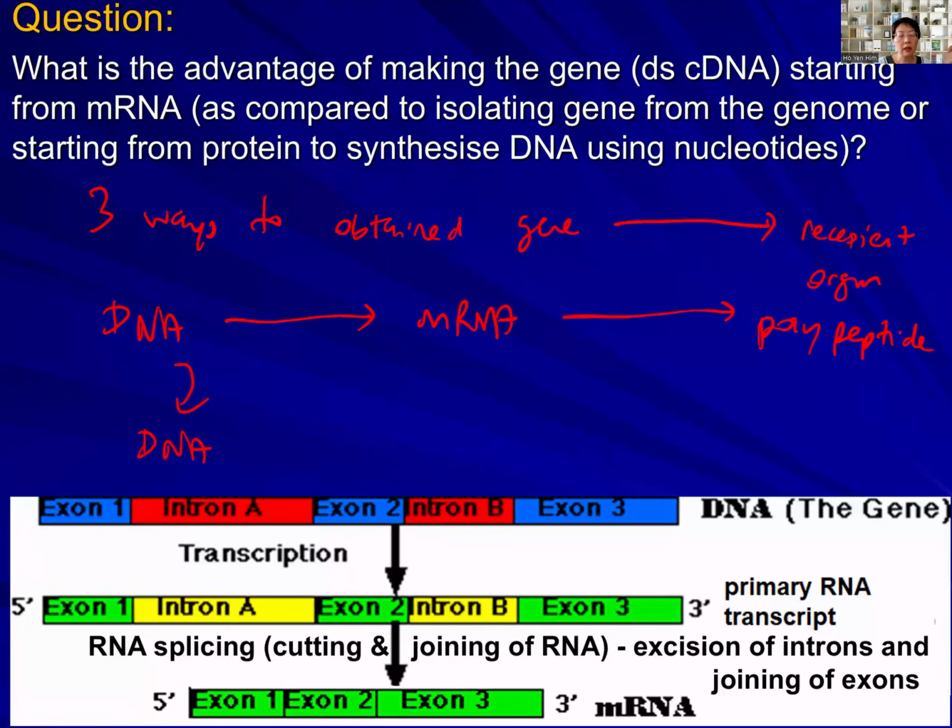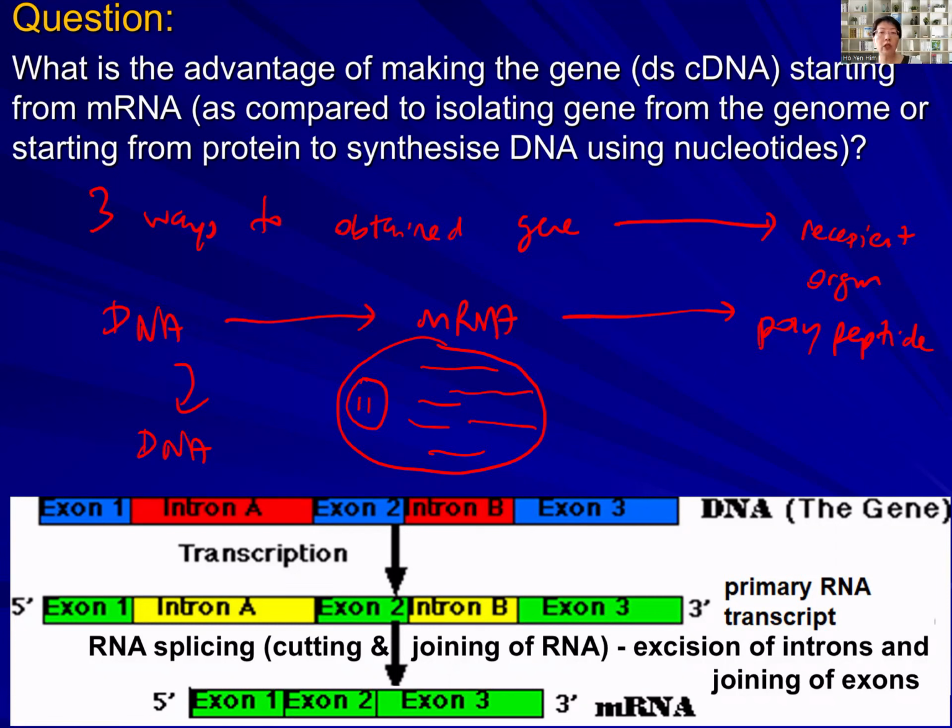Second way is, I don't want to get the gene from the nucleus of the cell. Since this cell is going to express the insulin gene, it's going to produce many copies of the mRNA. Inside the cell, there will be many copies of this mRNA for insulin, but in the nucleus, there are only 2 genes for insulin, one in the paternal chromosome, one in the maternal chromosome, right?